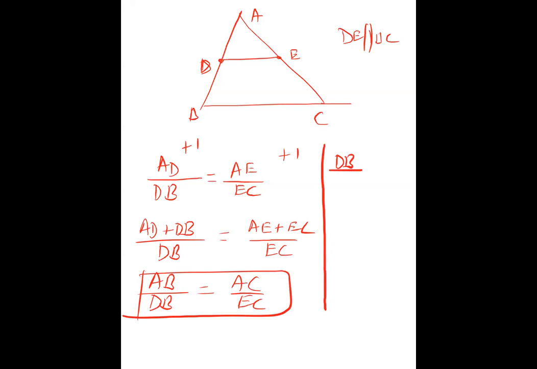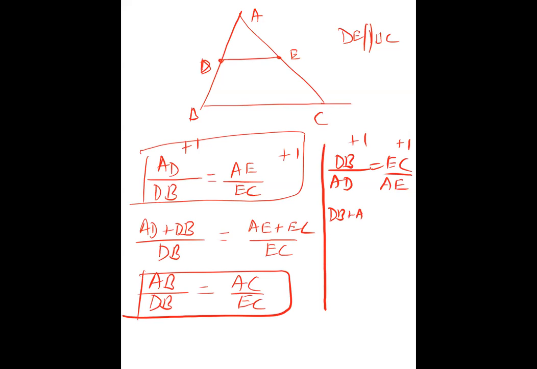If you reverse this, DB by AD is equal to EC by AE, that is also a corollary. If you add one now, it becomes DB plus AD upon AD is equal to EC plus AE upon AE, and DB plus AD is AB, so AB upon AD is equal to AC by AE. This is also a corollary of the basic proportionality theorem.